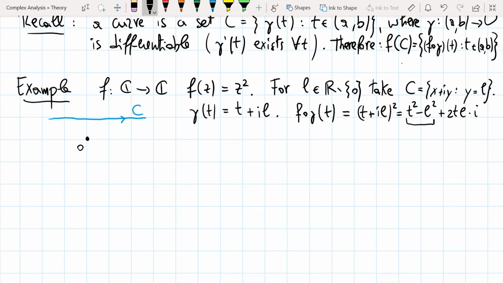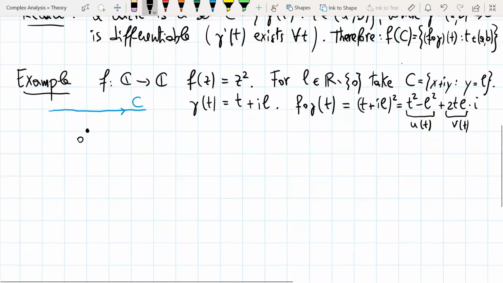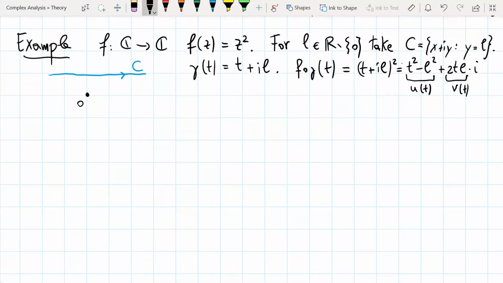The first coordinate is u of t, and the second coordinate is v of t. So in the new coordinates, we have t squared minus L squared and 2tL.